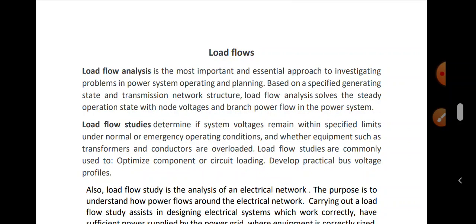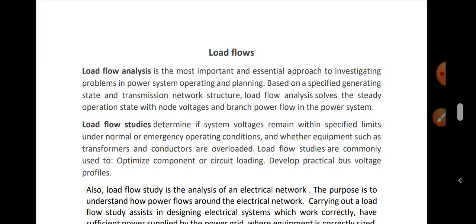So for this, understanding how the power flows is crucial to the design of any system. For example, suppose there is a radial system. Often no formal load flow study is carried out there, but invariably it is part of any analysis carried out during the design of the system.